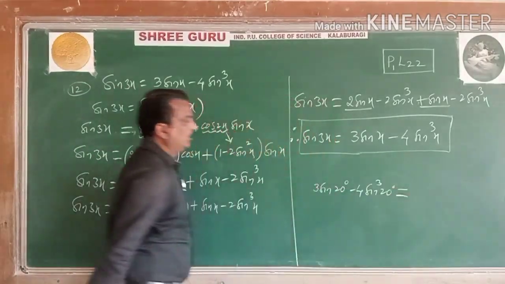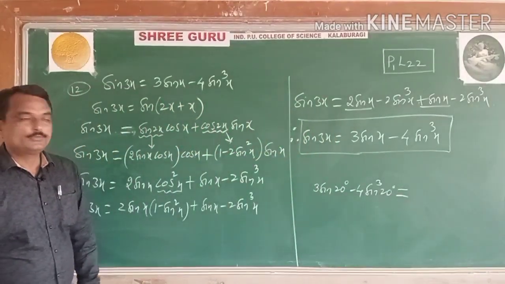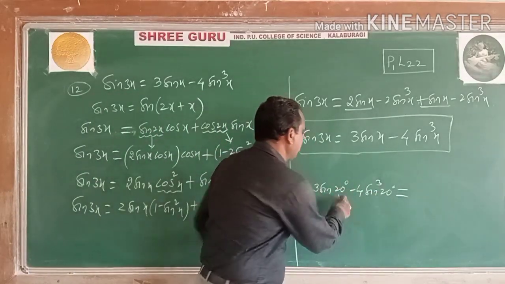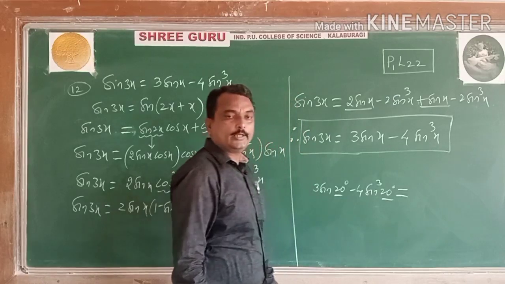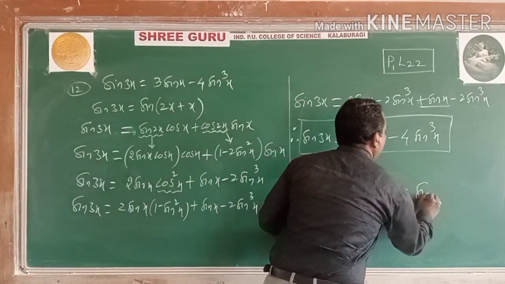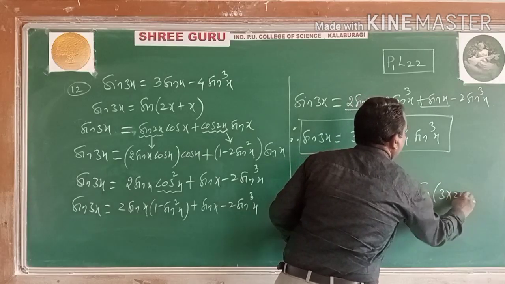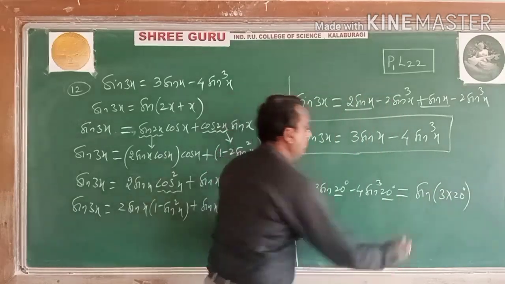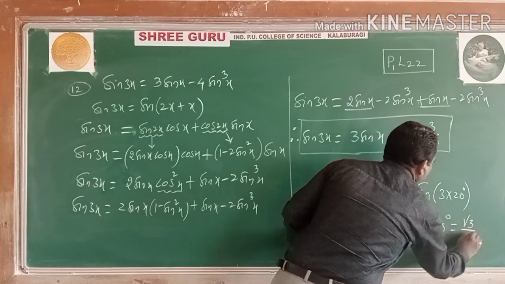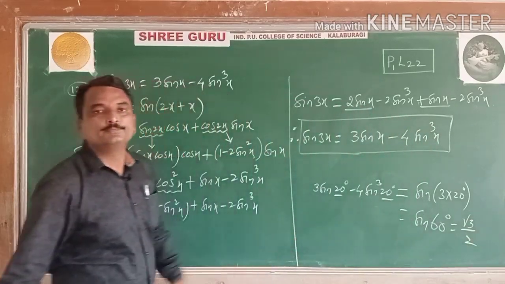According to this formula, 3 sin x minus 4 sin cube x, x is the same, it is 20 degree. How much is it? Sin of 3x, 3 into x, what is x? 20 degree. How much does it become? Sin of 60 degree. What is sin 60 degree? It is root 3 by 2.